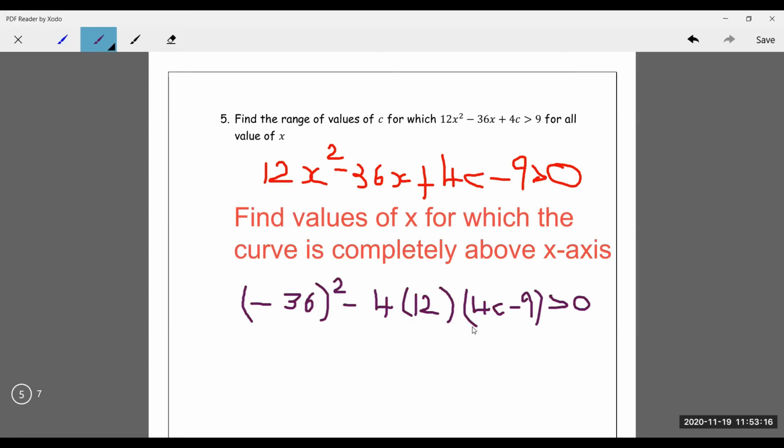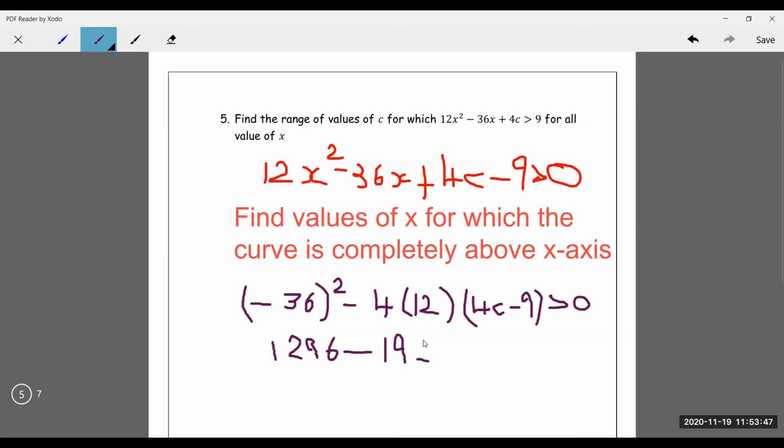We just need to work this out in our calculator. 36 squared gives 1,296. Then minus 4 times 12 times 4c: 4 times 4 is 16, times 12 is 192, so we're subtracting 192c.